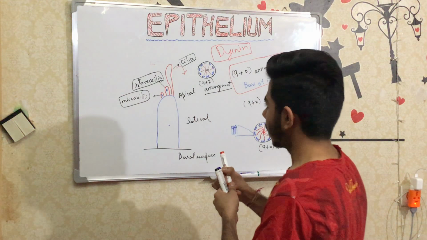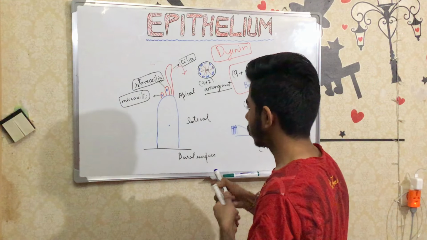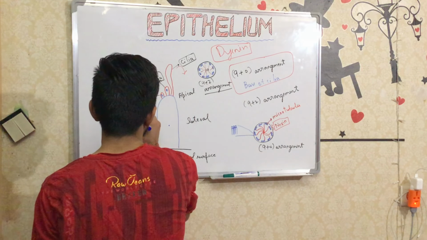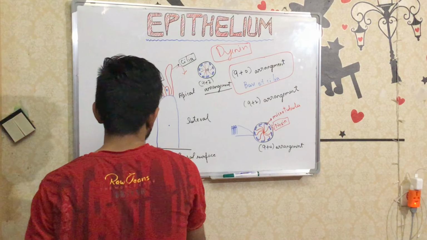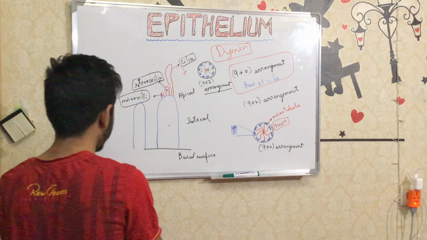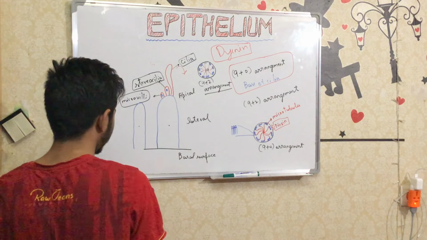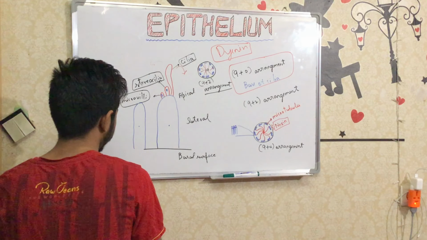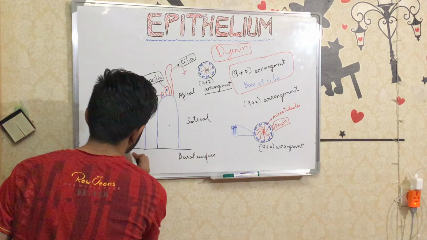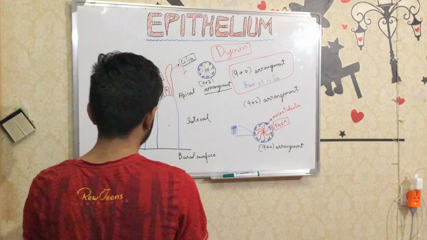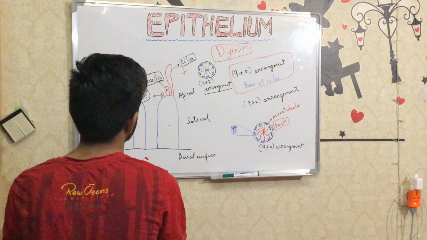Let me draw one epithelial cell over here and show you. So here I have drawn one more columnar epithelium cell. This is the nucleus of the cell, and here I am extending the basement membrane. Let's talk about here.